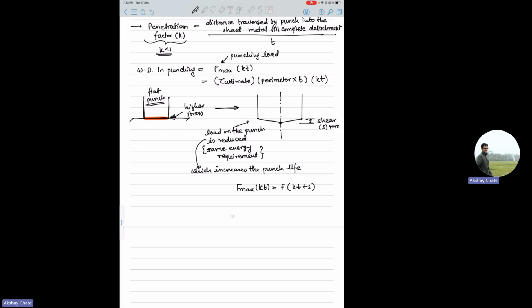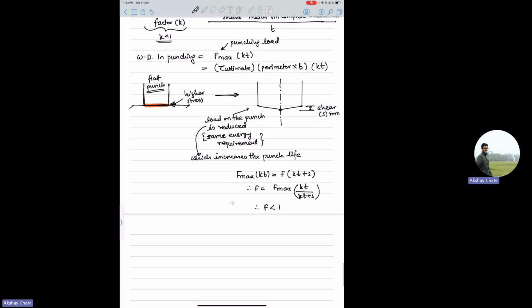Therefore F will be F max into KT by (KT plus S), and this ratio is less than 1, therefore the force required will be less than the maximum force, assuming the energy remains the same, but the force comes down.